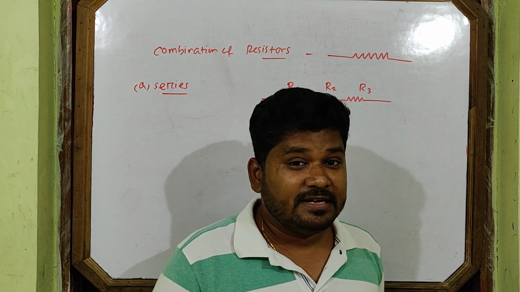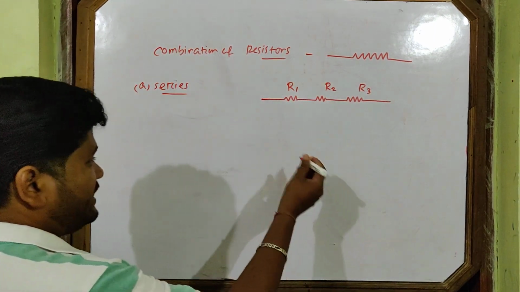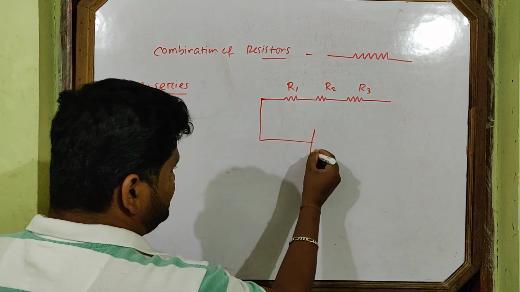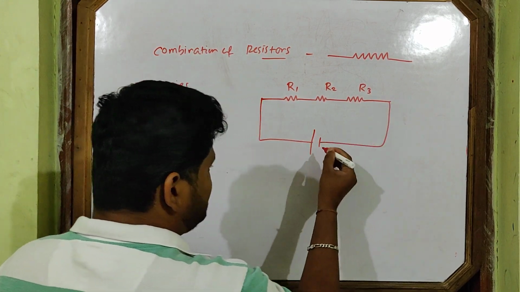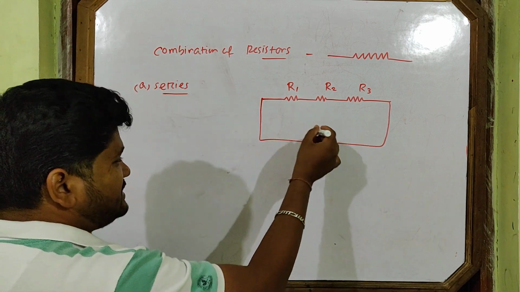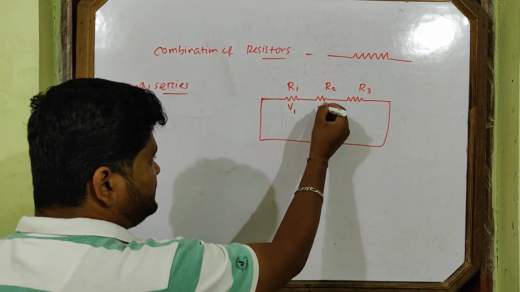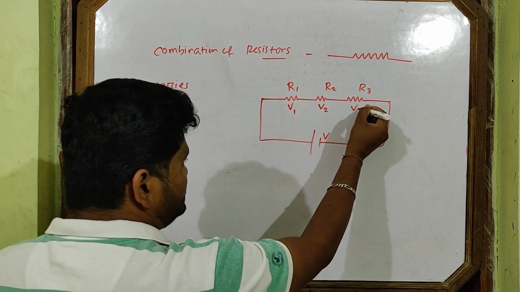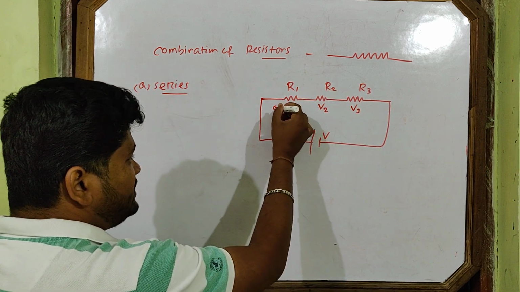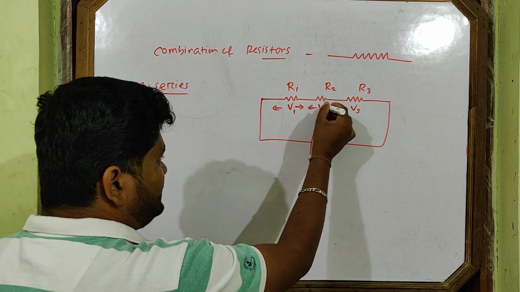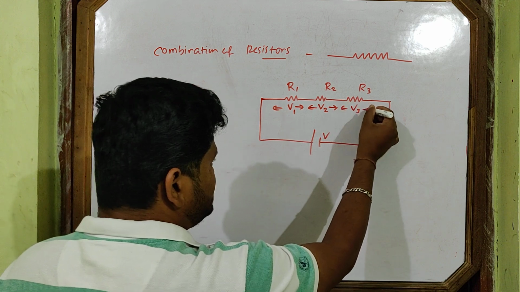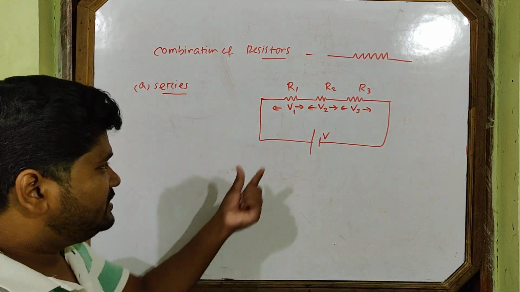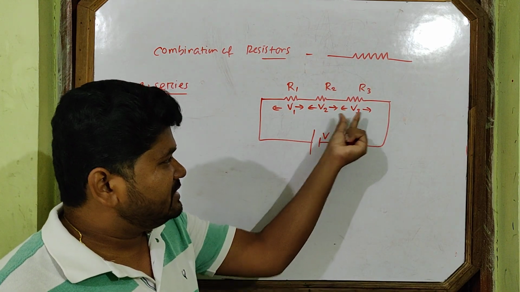But potential divides. What potential you apply? Suppose you are applying, this is your cell which provides potential difference V. Then this becomes V1, this becomes V2, this becomes V3. This is the potential difference between the ends of the resistors. V1, V2, V3.